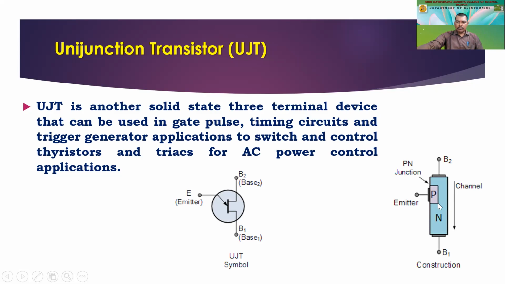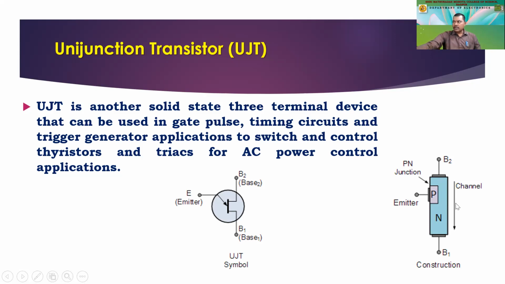B1 is on the bottom side and B2 is on the top side, and the emitter is a heavily doped P type semiconductor, induced in this N type material. This is the junction that we are forming, P and N, and that is why it is called a unijunction transistor, since it has only a single junction, that is PN.